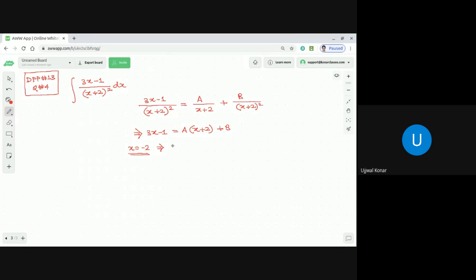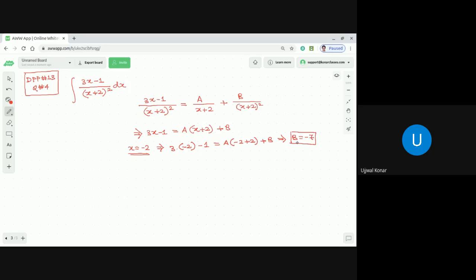What do we get? 3 into minus 2 minus 1 is equal to a into minus 2 plus 2 plus b, correct or not? From here we get b is equal to minus 7.